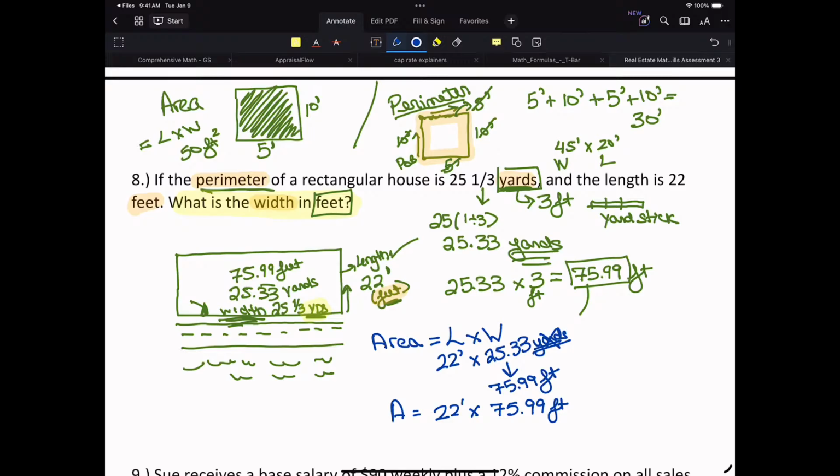Is that right? 22 times 75.99 equals, I got 1,000, it just doesn't seem right. Oh yeah, I guess it does. 1,671.78. Somebody check that. Did I do that right?